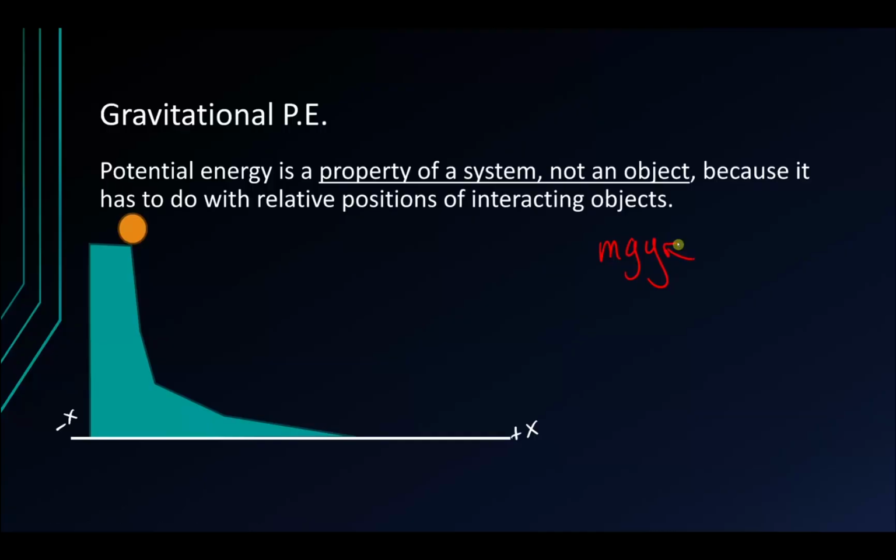So whenever we're thinking about this ball sitting on top of a cliff, its position is relative to, in this situation, ground level, right? That y value only has meaning whenever it's relative to something else. So potential energy is a property of a system, not an object.